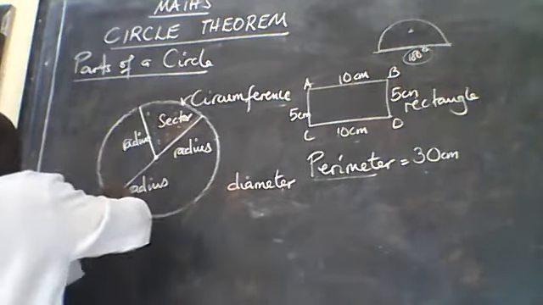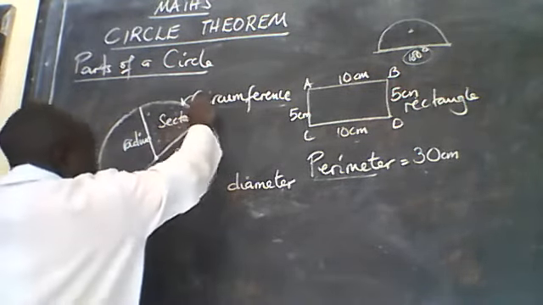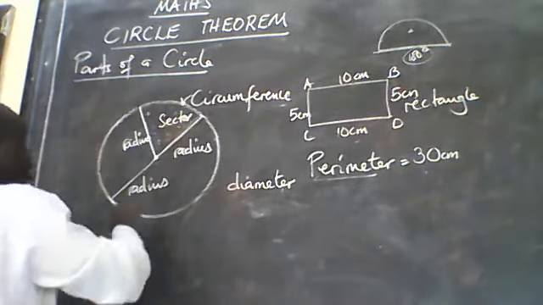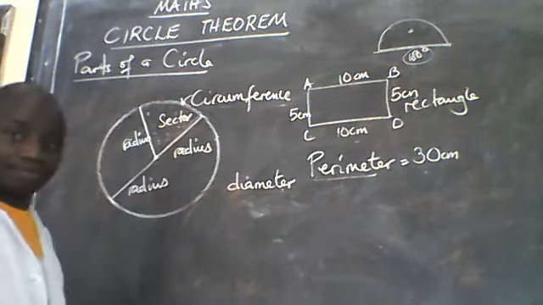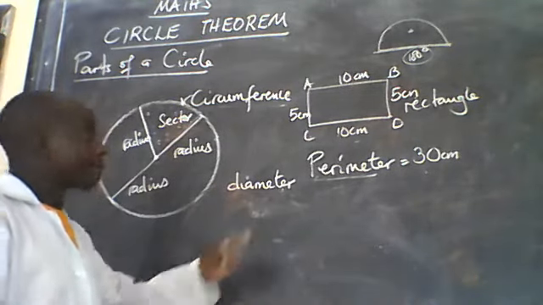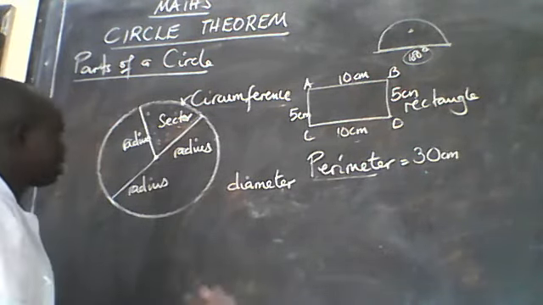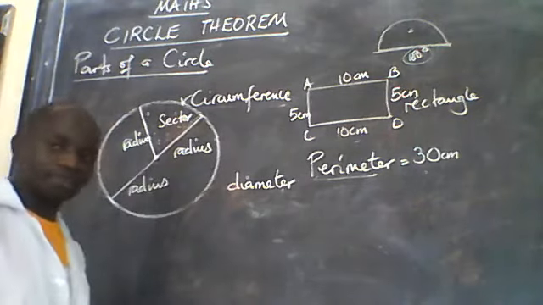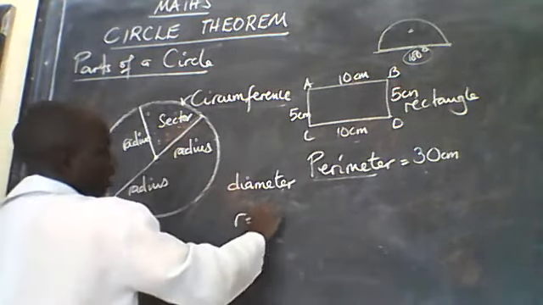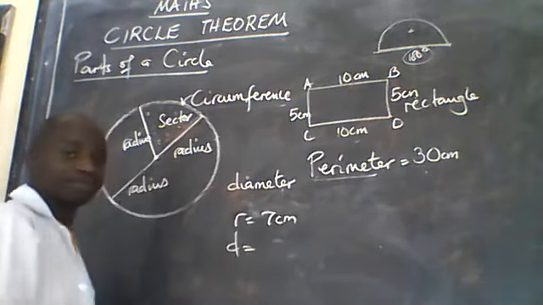The diameter is from one end of the circumference to the other end of the circumference, and it should always pass through the center. There is a relationship between the radius and the diameter. If the radius of the circle is 7 centimeters, what would be its diameter?